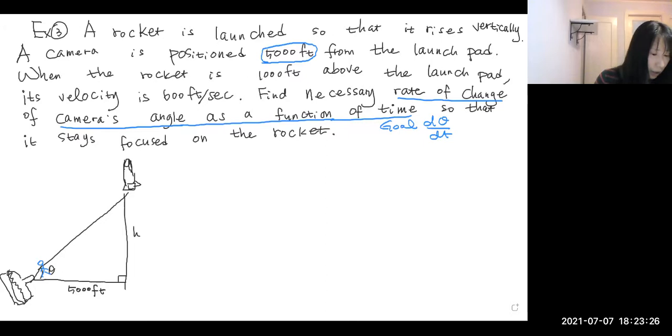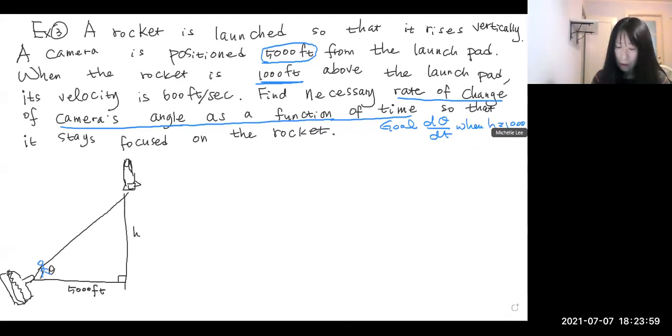Only that given information for now. Tangent. Tangent, good. Okay. So we're going to use 1,000 feet later. Okay. So this is h later. I don't want to label it now. How about like this? Call d theta over dt when h equals 1,000.